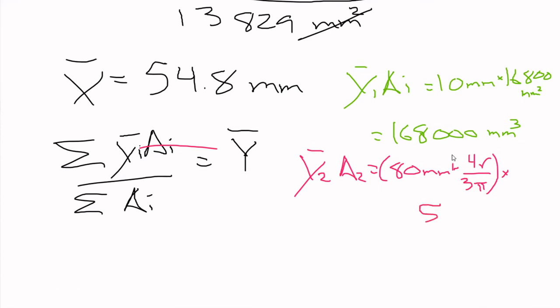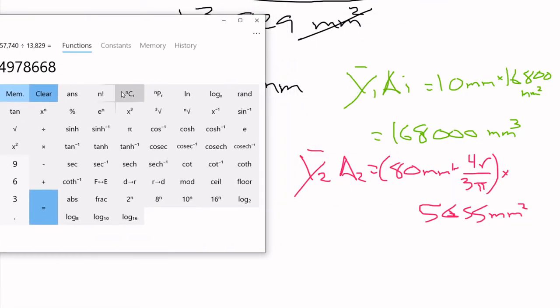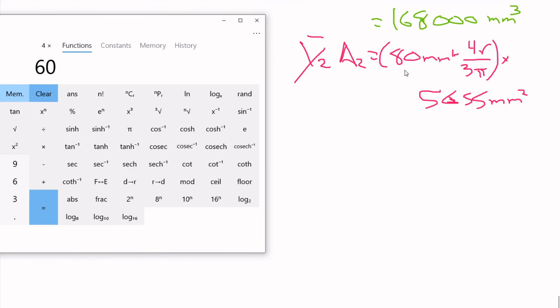I'm going to put this down here so I got enough room. Okay, so 4 times the radius of that section there, which is 60. 4 times 60 divided by 3 pi, plus 80.